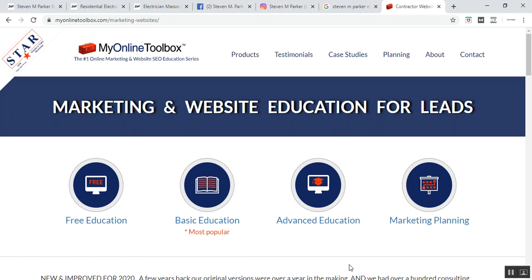In this particular case, too, some companies elect to have a marketing plan where we work directly with you beyond just the education, to be extremely strategic, that you understand not only what you need to do to look as good as you could be, but also to understand your competitive strengths and weaknesses in order to make the various different decisions on how best to implement a website that will just get you by, which does work many times, or a website that is required to have a very strong SEO background in order to generate leads.